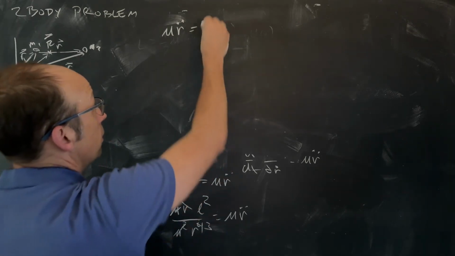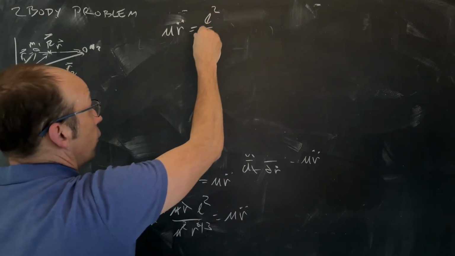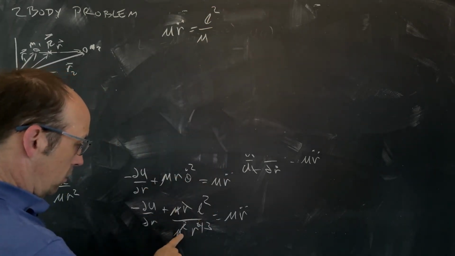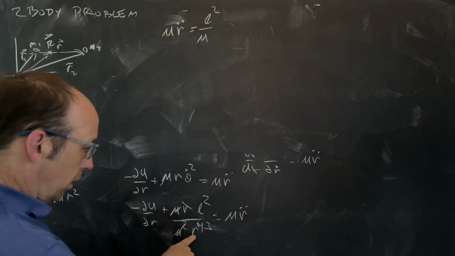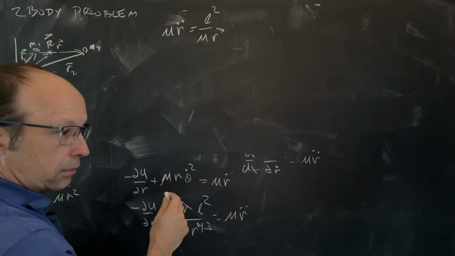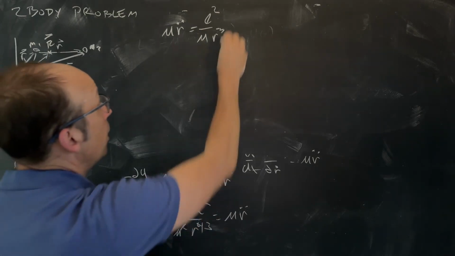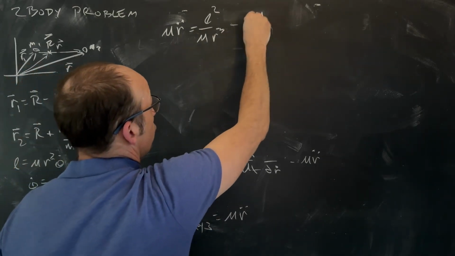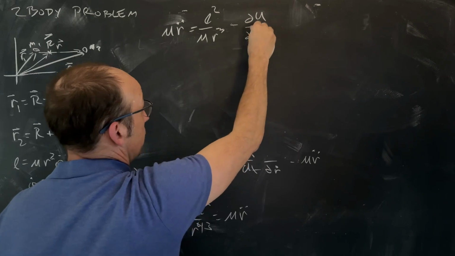That's right, L squared over mu, there's one right there, and then r cubed. Yep. Minus the partial of U, that's my potential, with respect to r.